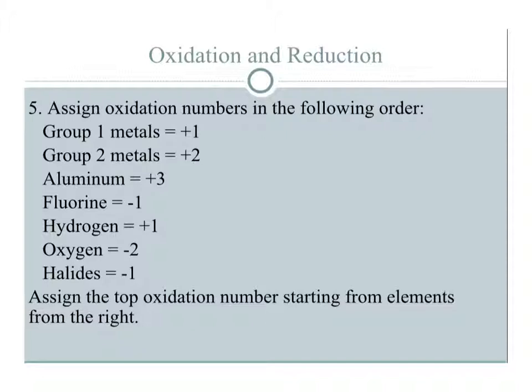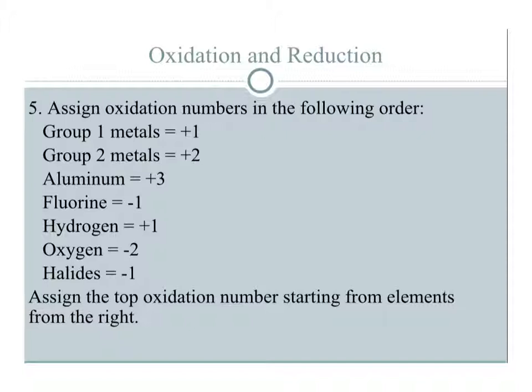I talked about this at the beginning of the year. When you're looking at the periodic table, all group 1 metals are +1, all group 2 metals are +2. Group 13 is +3. Group 14 is plus 4 or minus 4. Carbon can go both ways. It depends on what it's combining with.